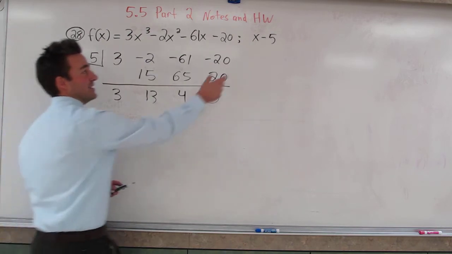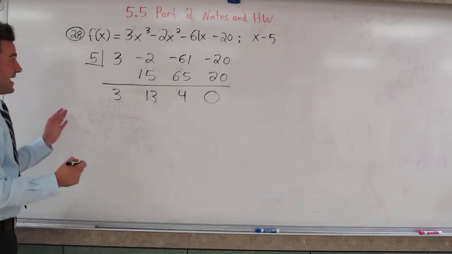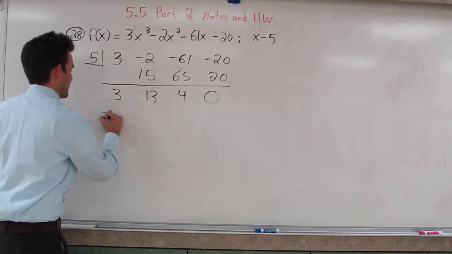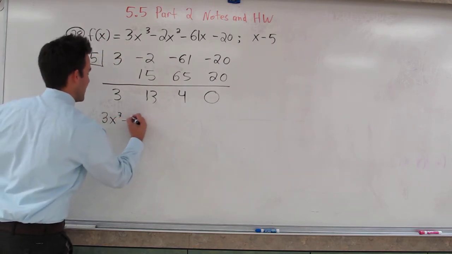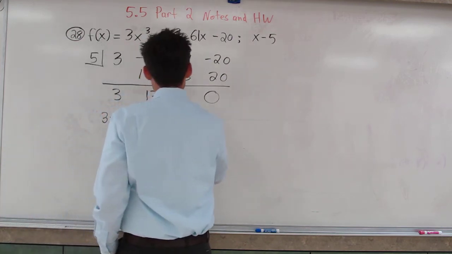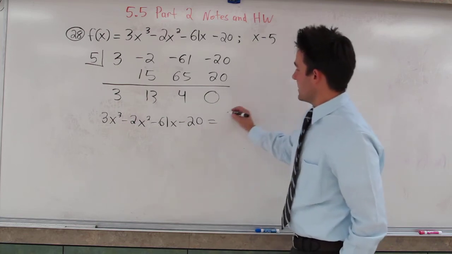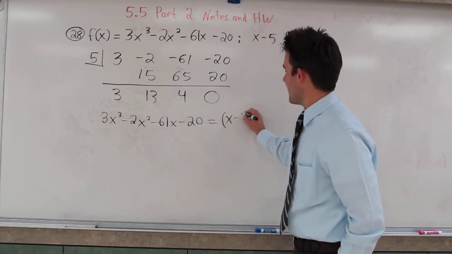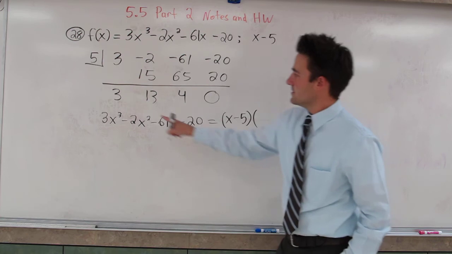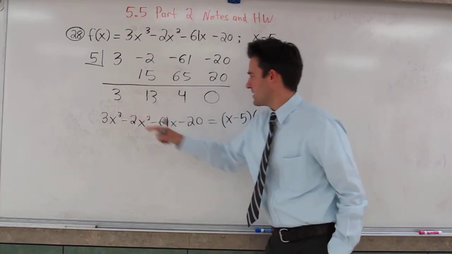So, using this factor and this information right here, I now know I can factor 3x cubed minus, so I'm just rewriting the original polynomial. This can be factored as x minus 5 times, well, I just saw Mr. Hamill do this backwards, and I kind of like that.